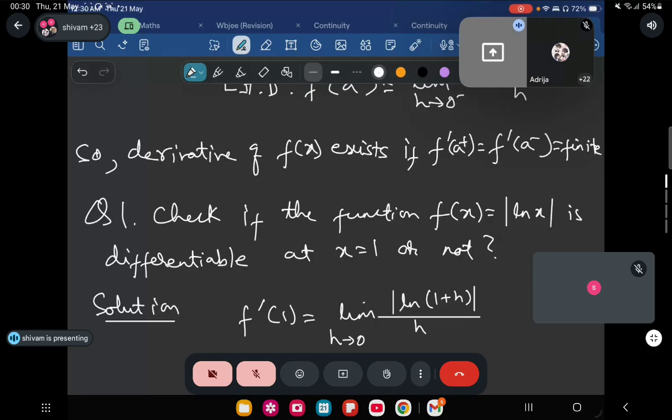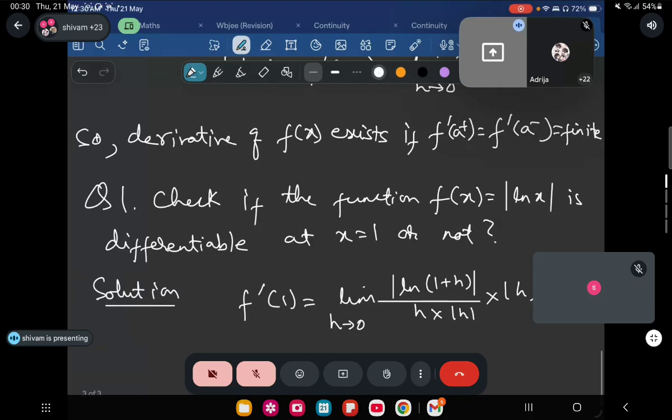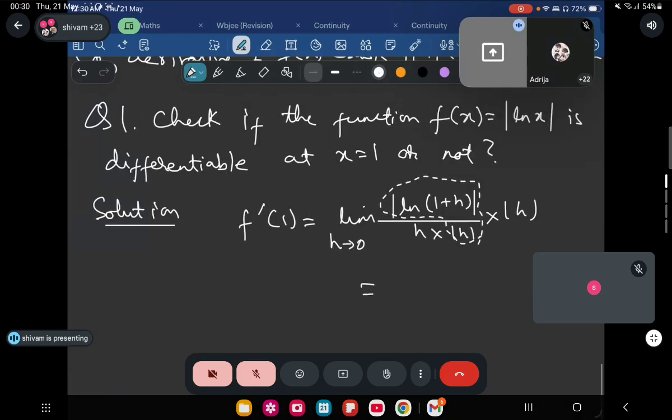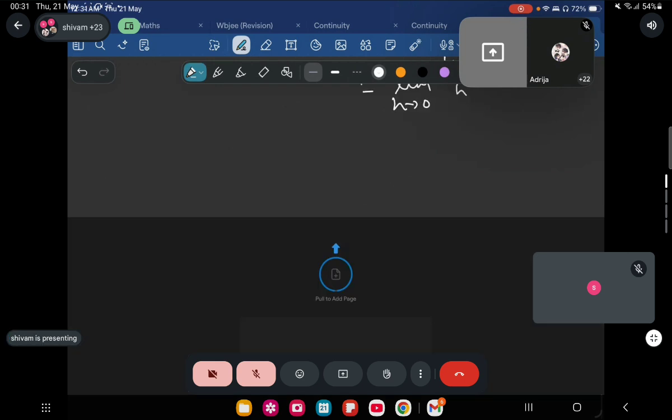Let us convert it into standard form, multiplied by mod of h by mod of h. So finally this is the standard form. This part will become 1. So it will become limit h tends to 0 mod of h by h.